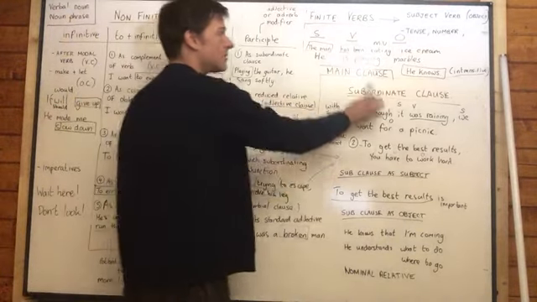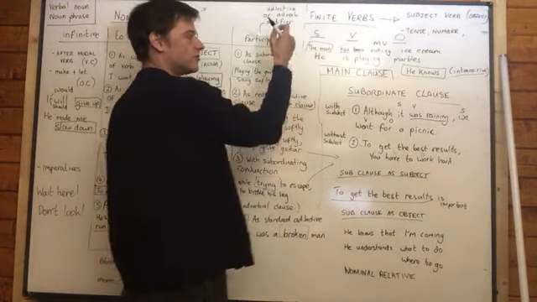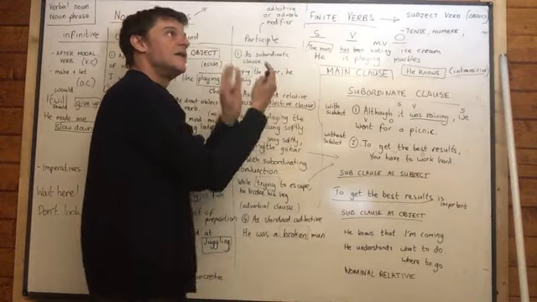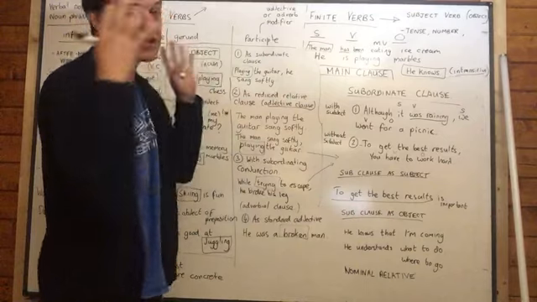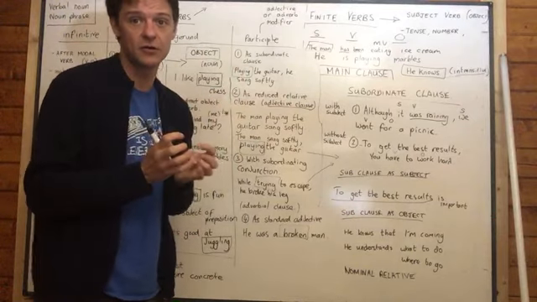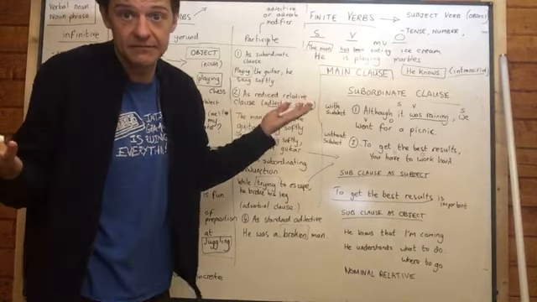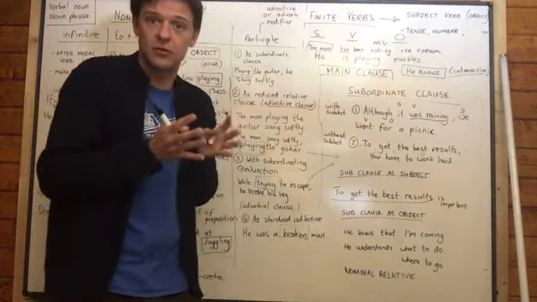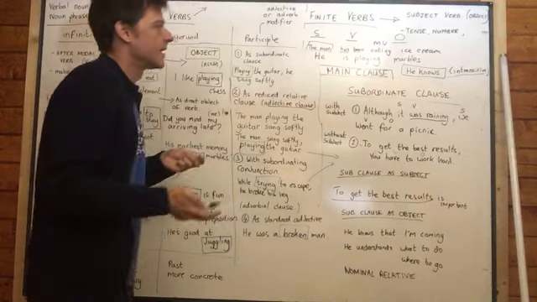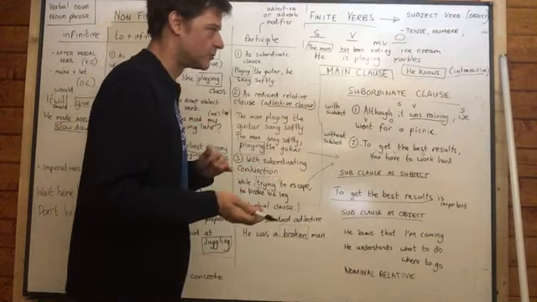So we could have a main clause with a subordinate clause here, and inside the subordinate clause we've got subject, verb, object, and the subject of that subordinate clause is another subordinate clause. That's why language is infinite, basically, because you could keep putting clauses within clauses within clauses. So that's why nothing about grammar is very simple or straightforward.